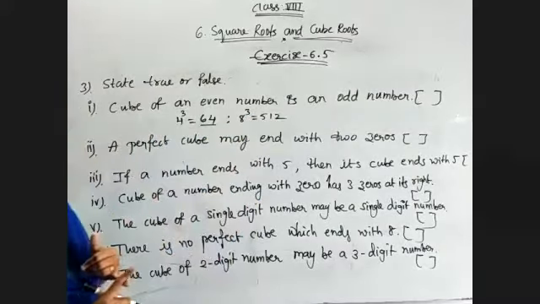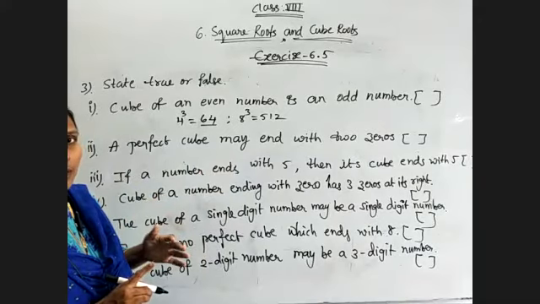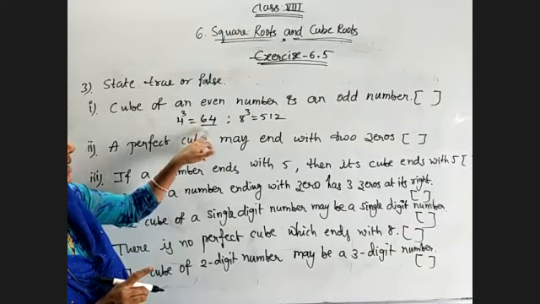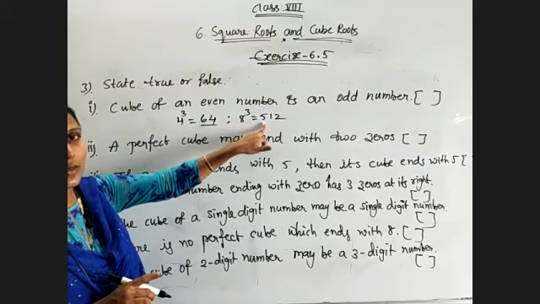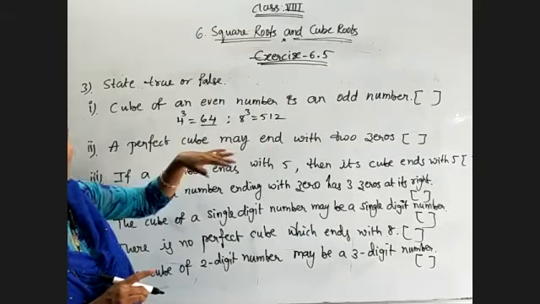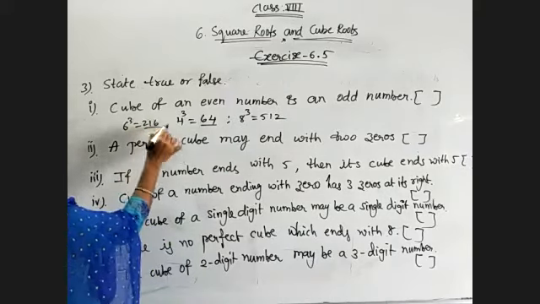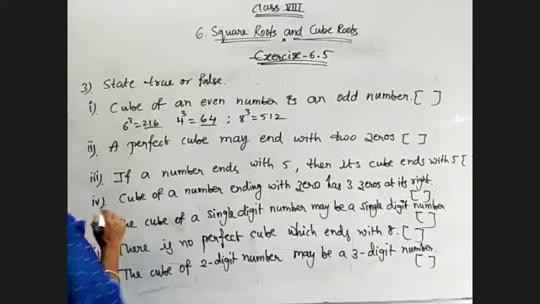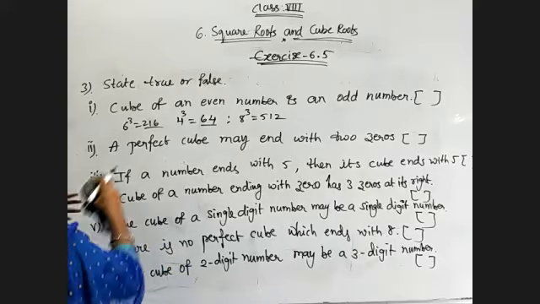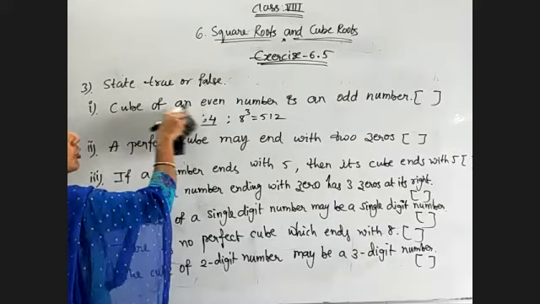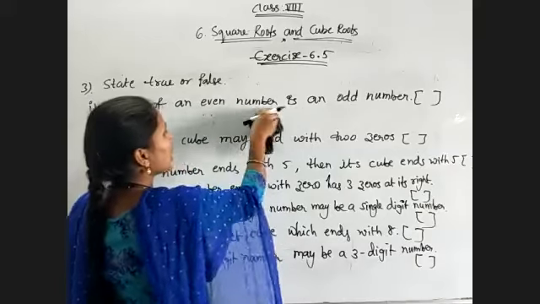Let us take 2. 2 cube is 8, even number. 4 cube is 64. 8 cube is 512. Okay, and 6 cube also we are getting 216, even number. Means the numbers which are even numbers, their cubes also even, not odd numbers.